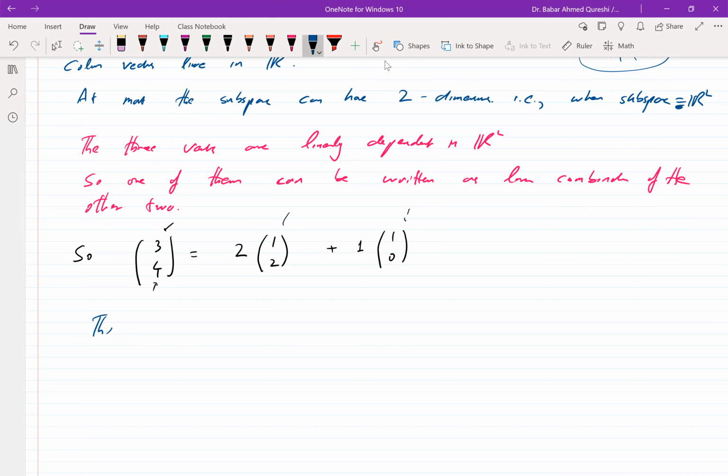So I can eliminate (3, 4) from the spanning set.